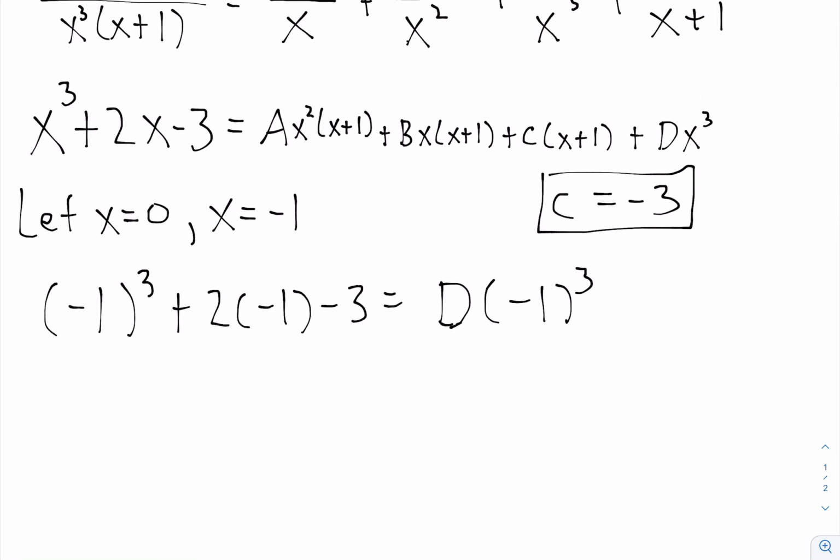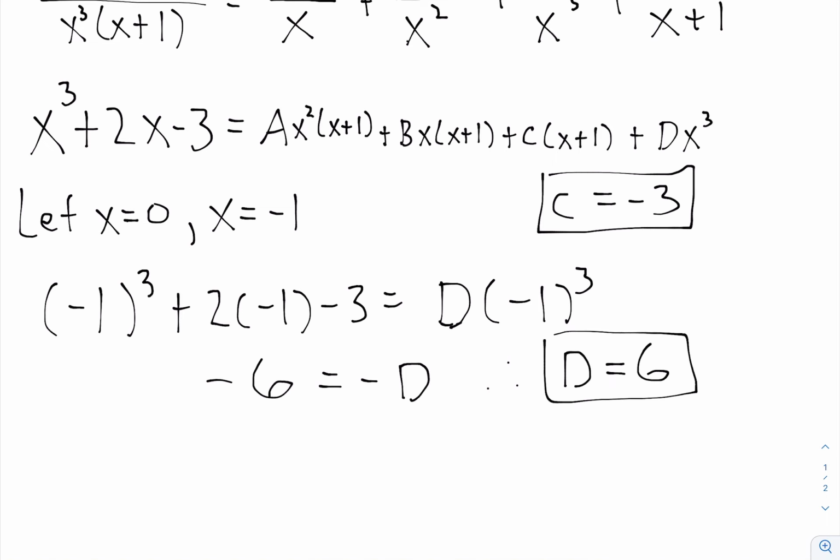Negative 1 cubed is negative 1, plus 2 times negative 1, so minus 2, and then minus 3 is negative 3 minus 3, which is negative 6, and that equals negative 1 times d, so negative d. That means that d therefore must equal 6 if we divide both sides by negative 1.